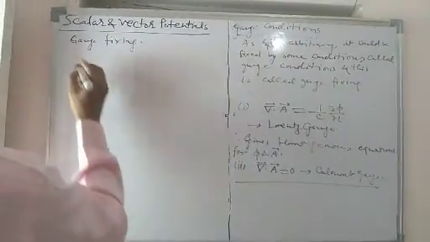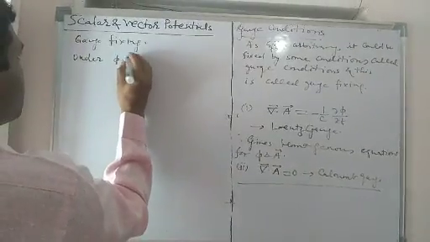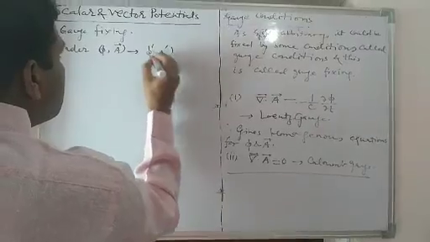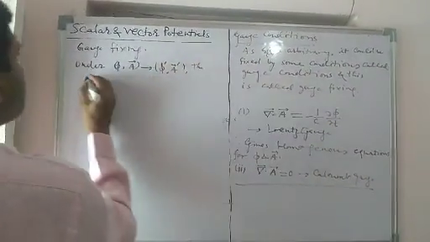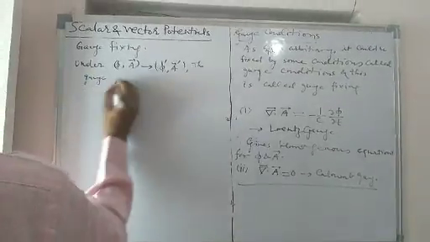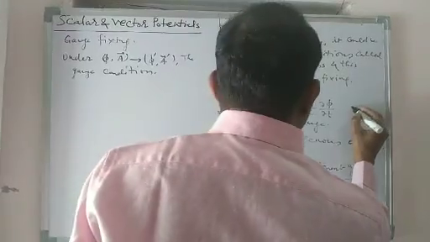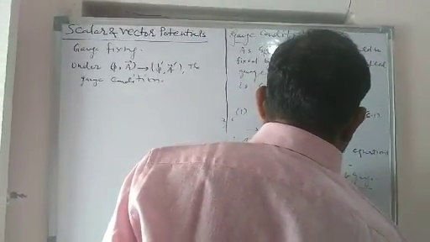We could transform the gauge condition. Let me name it, so this is going to be 6.1 and this is going to be 6.2.